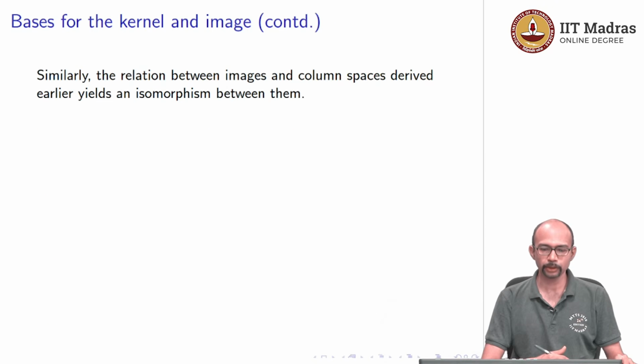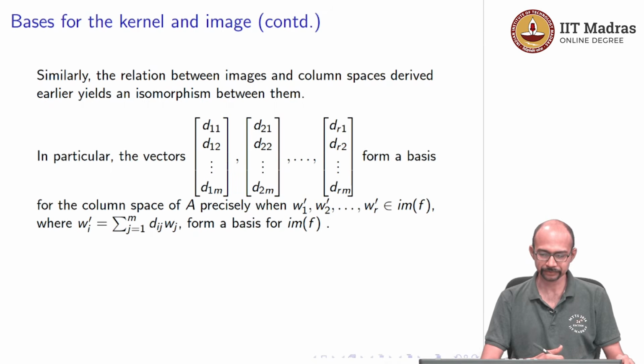Similar to the previous situation, we can find the relation between images and column spaces, specifically about bases between them, using the isomorphism that we have discussed earlier.